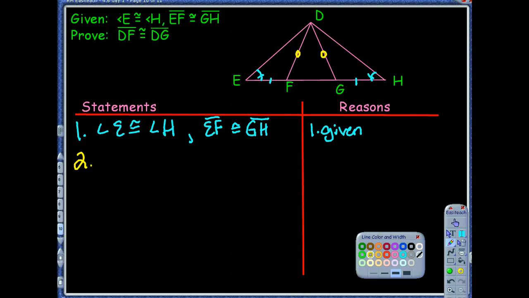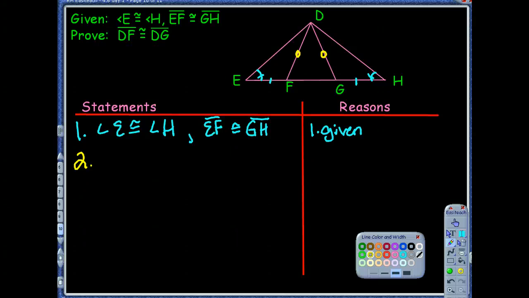I'm looking at that, and I see several triangles in this picture. You're trying to prove DF is congruent to segment DG. I'm noticing those are part of those two outside triangles, DEF and DGH. And I know from yesterday that if I could prove those two triangles are congruent, DF and DG are congruent as well. That's true.